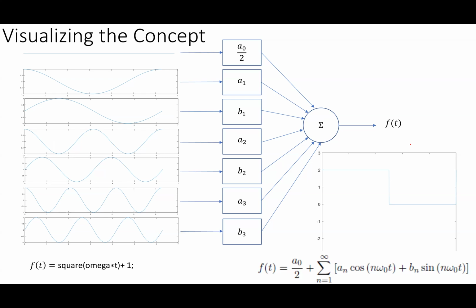What I'm looking at here is I'm saying the world of periodic functions can be thought of as basically different summations of essentially a constant, so a constant plus cosine omega naught t, sine omega naught t.